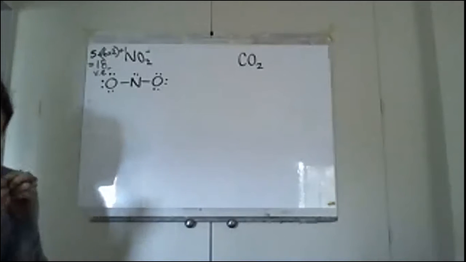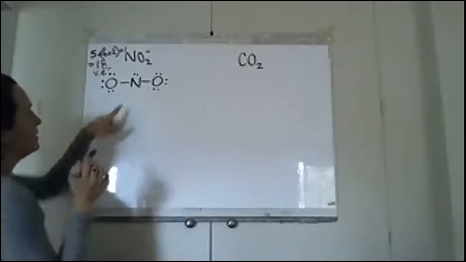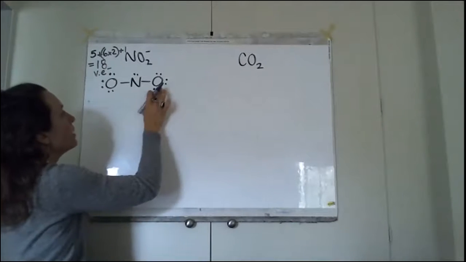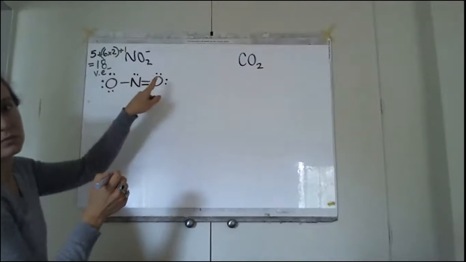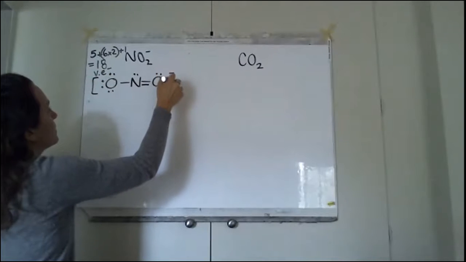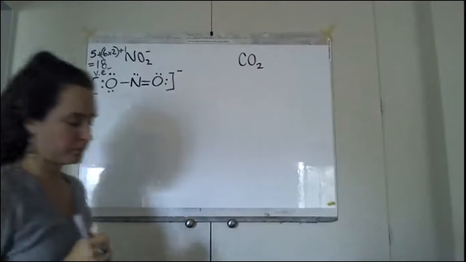Did you get 18? Yeah, so that's 18 right there, but nitrogen isn't happy, so that's when you mentioned taking a lone pair into a bonding pair, and it doesn't matter which side you take it from. It's symmetrical. So that's the Lewis structure for nitrite.